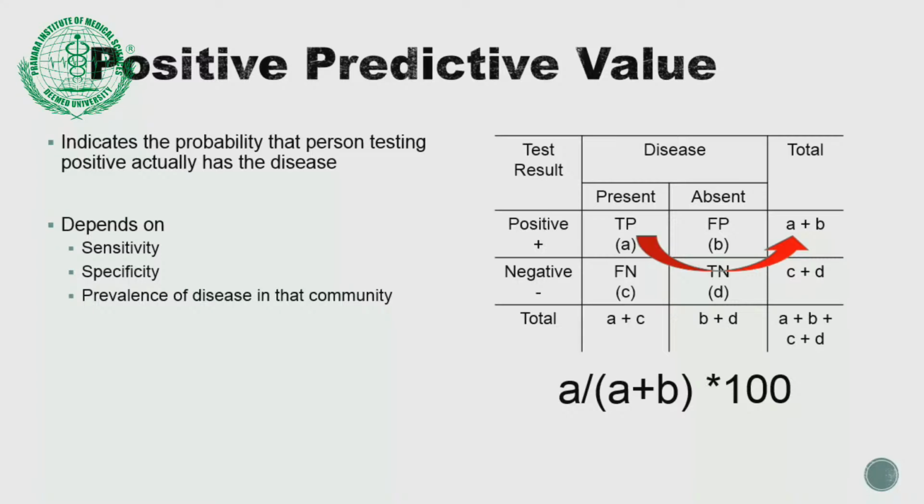The formula is A upon A plus B into 100. You can remember it by drawing the arrow horizontally from the positive row, that is A upon A plus B into 100.